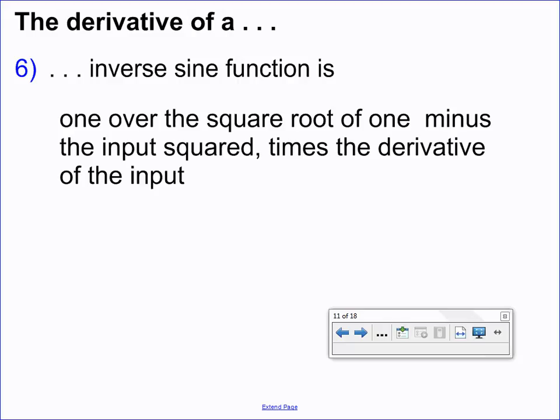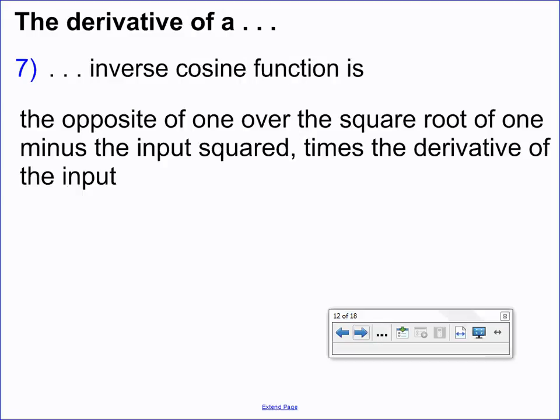We saw inverse cosine, which shares the radical term. The derivative of inverse cosine is exactly the same, but opposite of 1 over the square root of 1 minus the input squared times the derivative of the input.